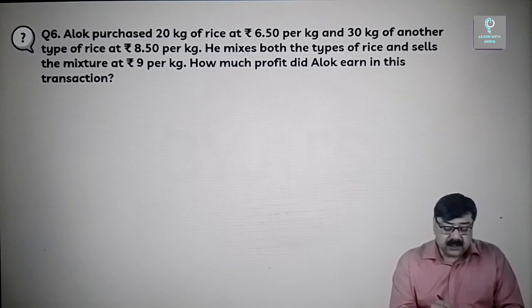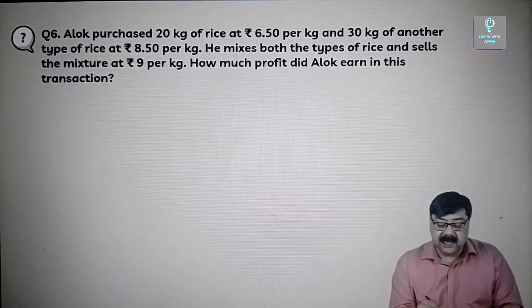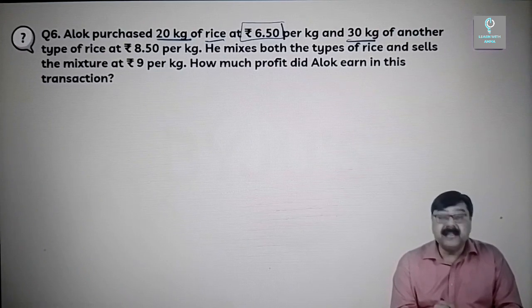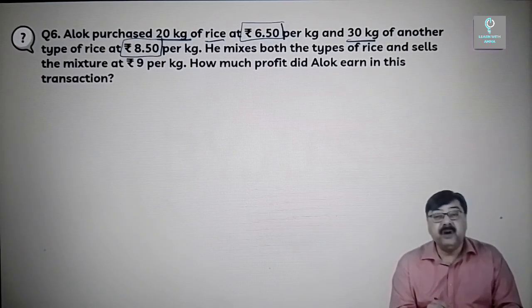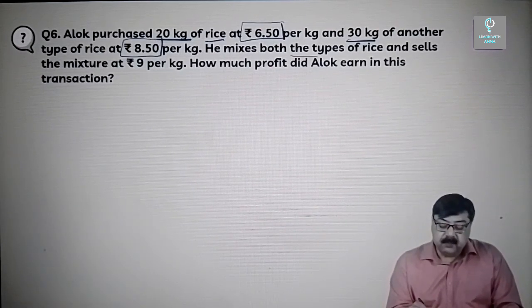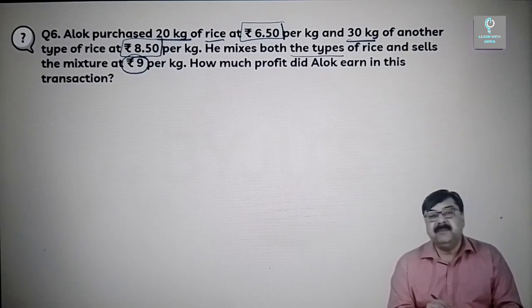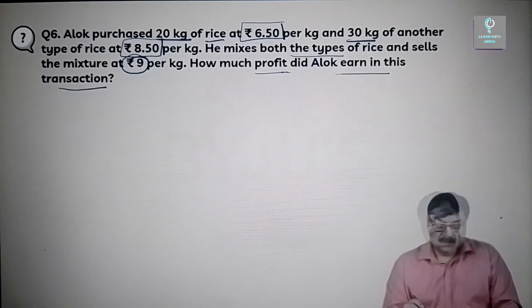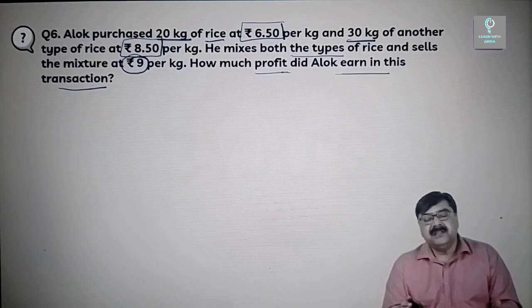Alok purchased 20 kgs of rice at rupees 6.5 per kg and 30 kg of another type of rice at rupees 8.5 per kg. He mixes both the types of rice and sells the mixture at rupees 9 per kg. How much profit did Alok earn in this transaction? Now the selling price is given to us as rupees 9.